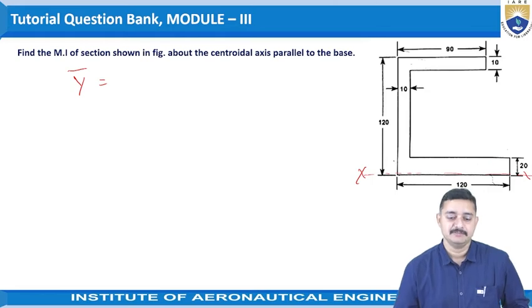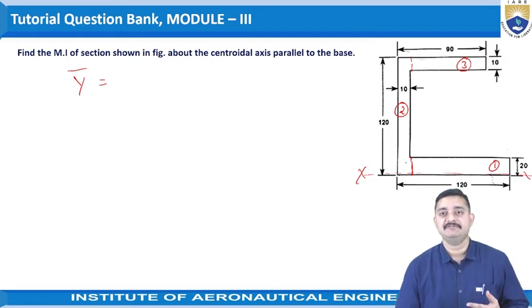So the parts which are being divided here are like this. Let us divide this given C section in this fashion. That is, this is part 1, this is part 2, and this is part 3. Okay. So in this way, we have divided the given C section into 3 parts.